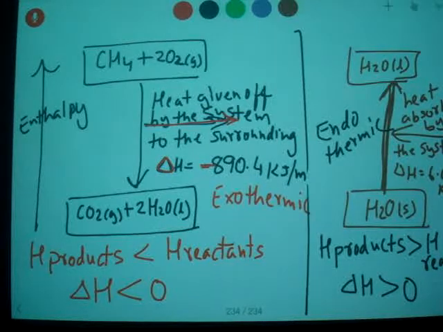So for an endothermic process, delta H is greater than 0. So you can say that for exothermic and endothermic. And then we'll talk about how we consider the stoichiometric coefficient and how we multiply it to delta H in the equation.